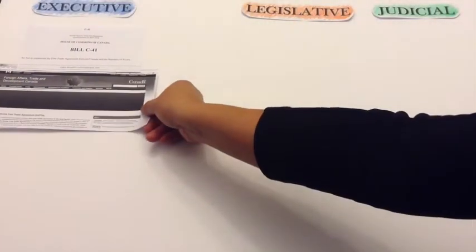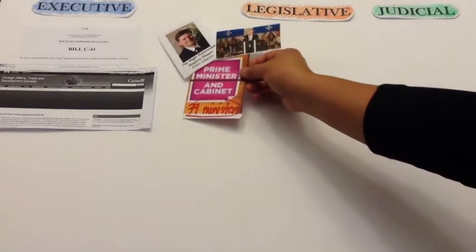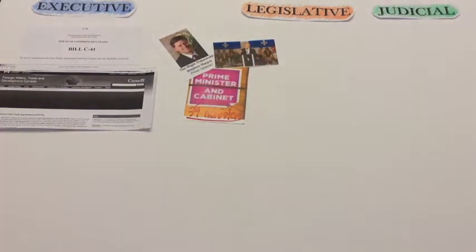An example of how the different branches of the federal system, along with the lobbyists and media groups, work together is the current C-41 Act, which is the Canada-Korea Free Trade Agreement proposed in October 2013. This act was sponsored by the Minister of International Trade, who is part of the Cabinet and Executive Branch.